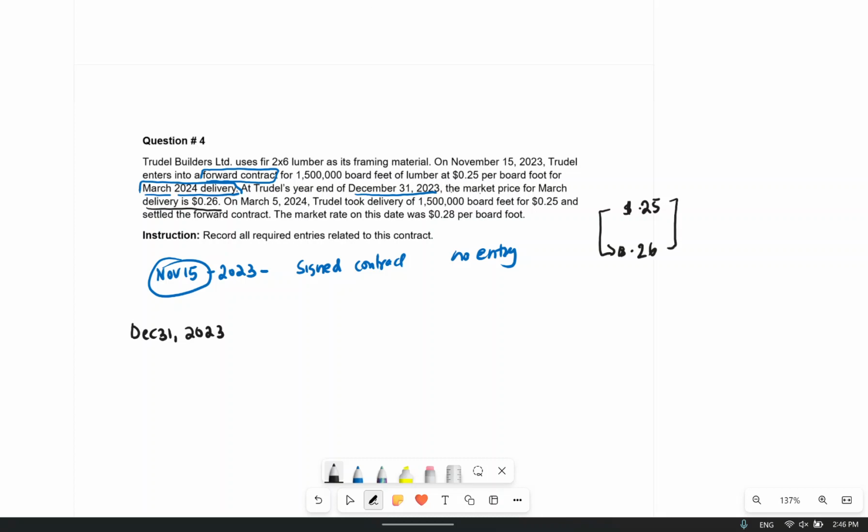If I take the difference between the both, it is 0.01 multiplied by the 1.5 million. So that's the price difference. You could have a gain or a loss. In this case the price has gone up, so we will have a gain, and the gain will be $15,000.